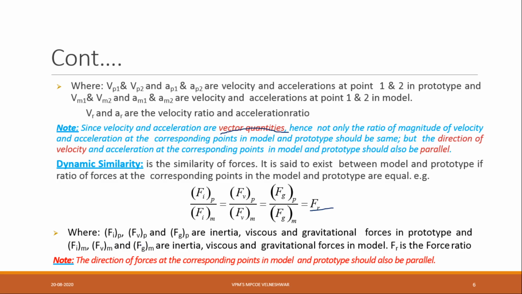Fi, Fv, Fg are inertia force, viscous force and gravitational force, in prototype and model. What are these all? We will see in my next slide. Where Fr is the force ratio.